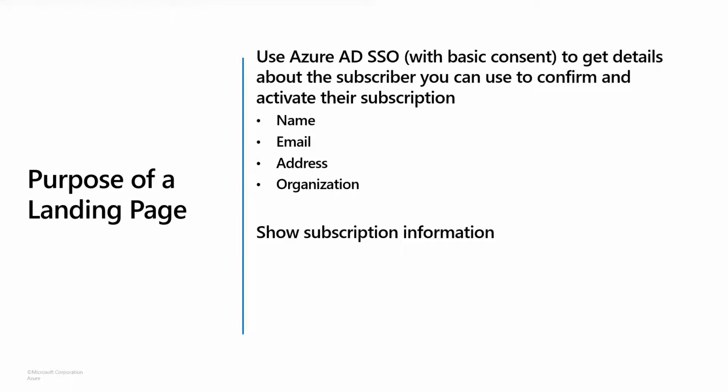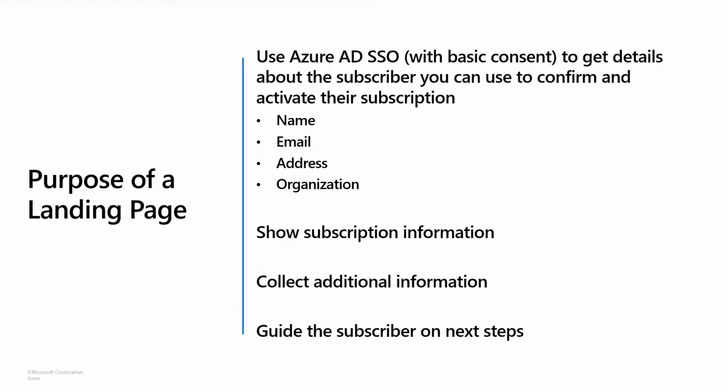And we also want to show some subscription information, and you'll get that back in a call that we'll see we make in our code. And then finally, we might want to collect additional information. We mentioned that logo, but there could be other additional information you'd like to collect from your customer before actually having them submit to activate the subscription.